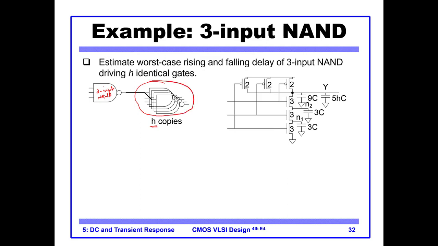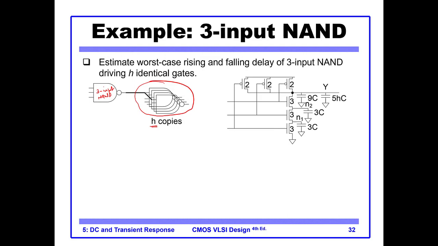So this is driving H copies of another NAND gate. So how will our model change? How will the equivalent circuit change? Remember the circuit from the previous slide.